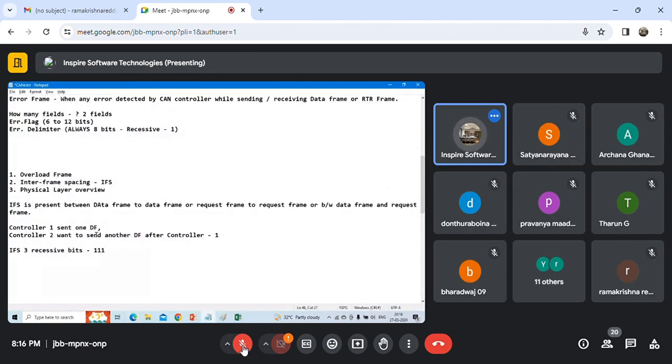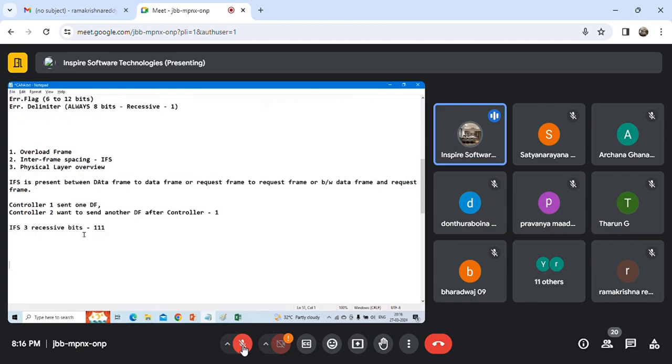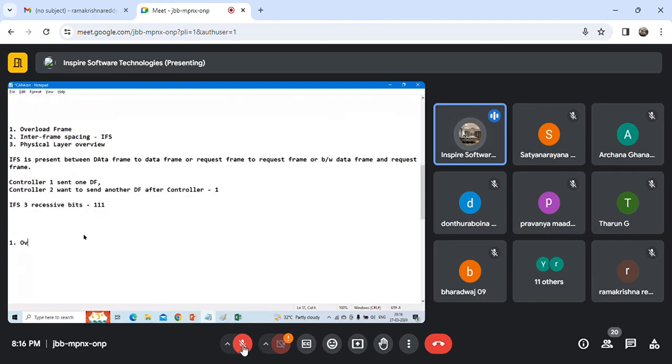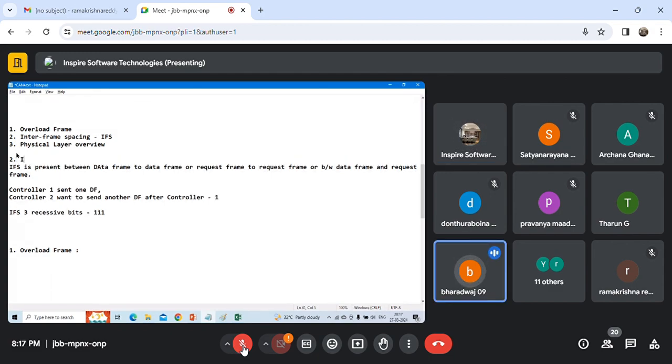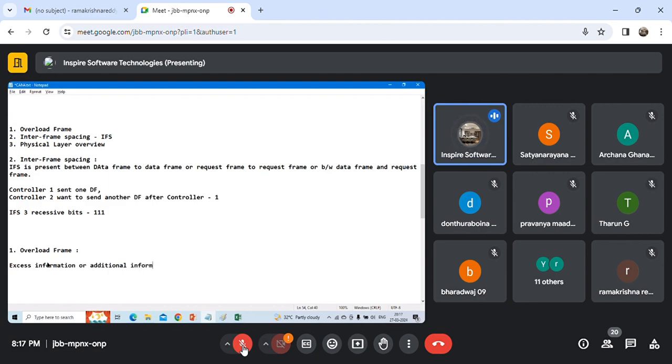Okay. Now, overload frame. So, any guess what overload frame means, by the name of it? Can you guess roughly? What do you mean by overload frame? Excess information or additional information. Thank you for the attempt. Any other? Too many messages at a time.